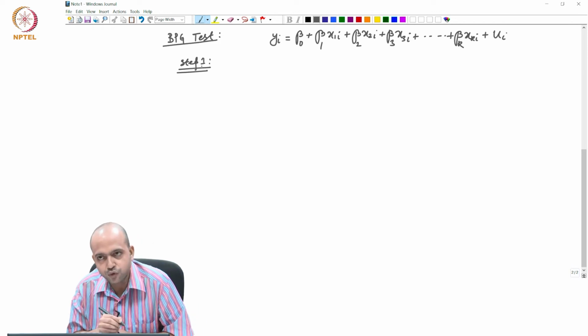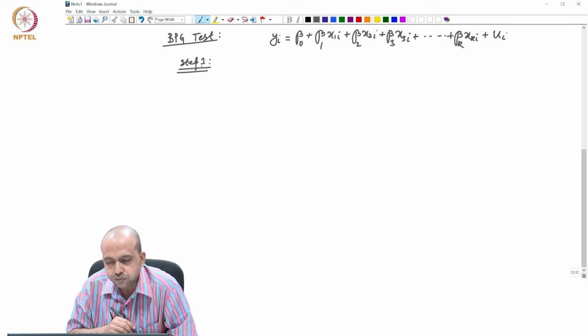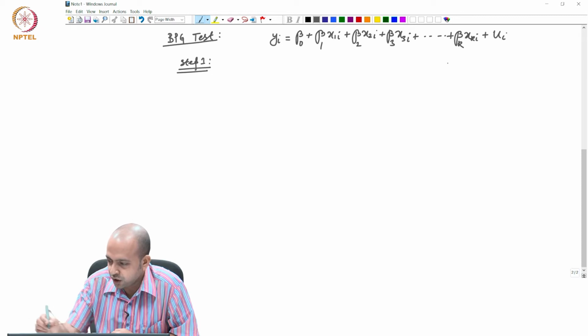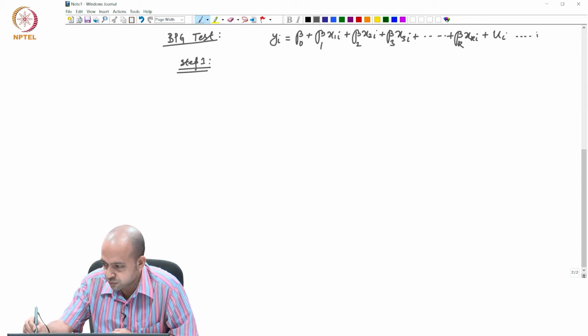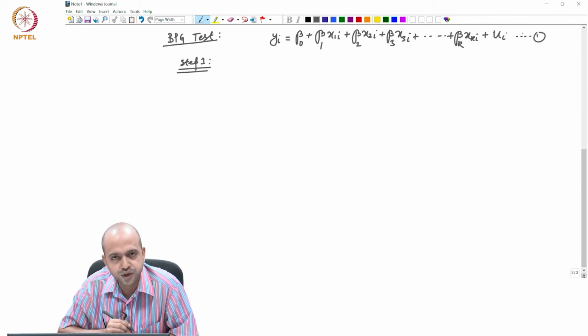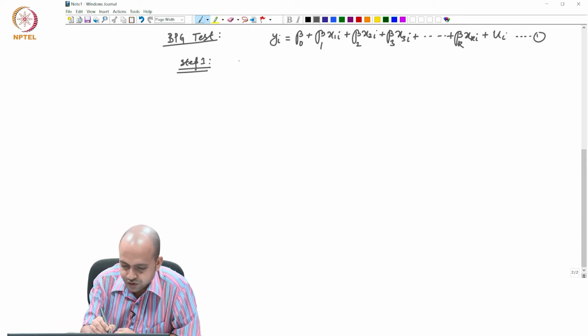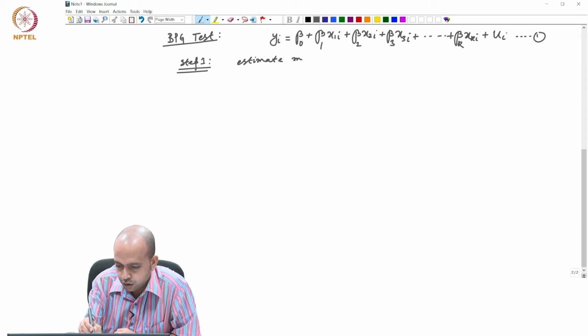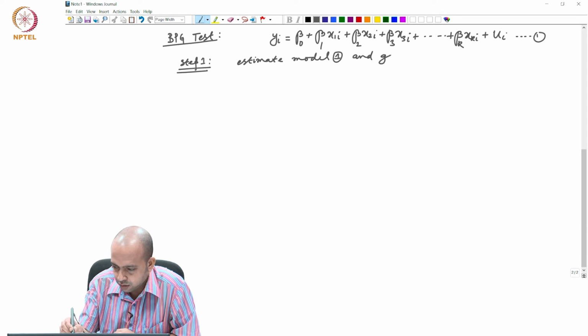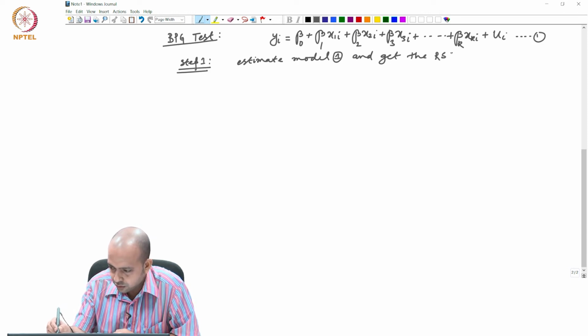So, in step 1 they say that you estimate this model, let us say this is model 1, and from this model 1 you get the RSS.